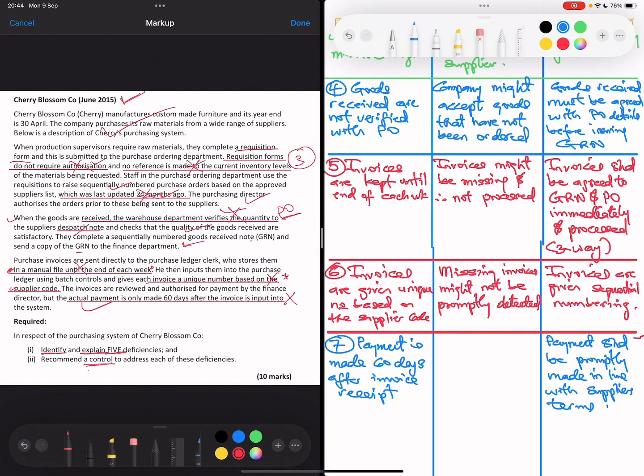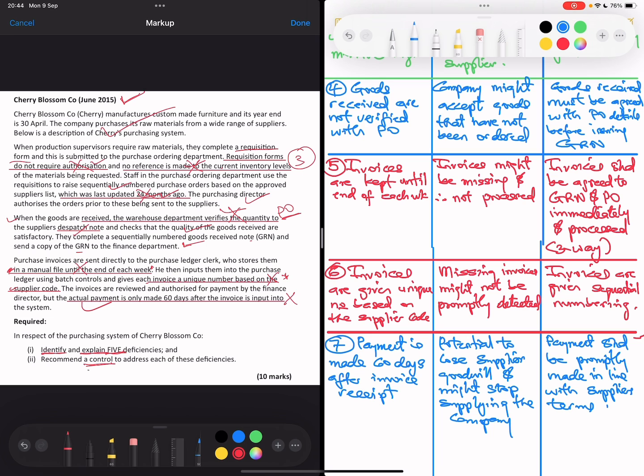And why is it a problem? Because there's a potential to lose suppliers' goodwill, and they might definitely stop supplying the company.